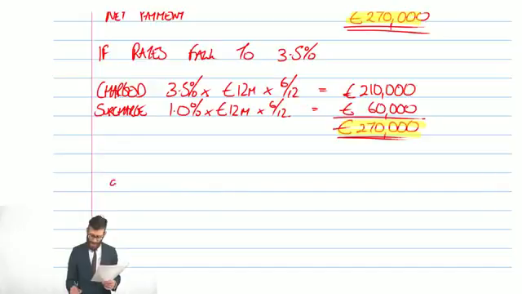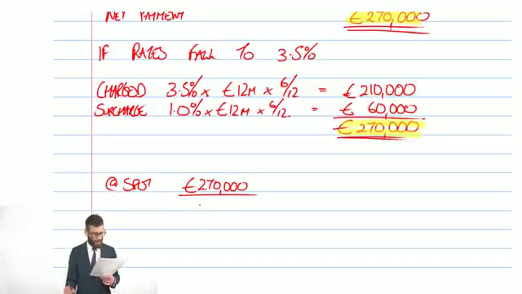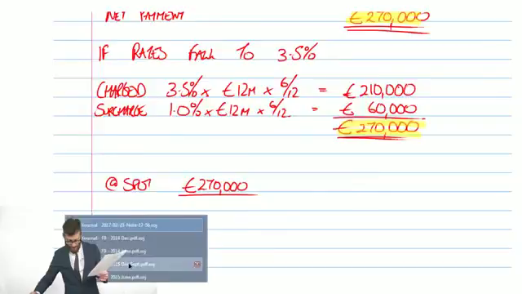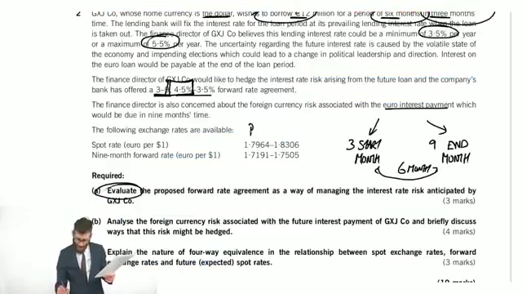So at the spot rate, this 270,000 would be divided by, what are we doing here, guys? Are we buying or selling? We are buying. We are buying euros to pay the interest. So we use, and remember, we're going to use the low rate because here we buy at the low rate.